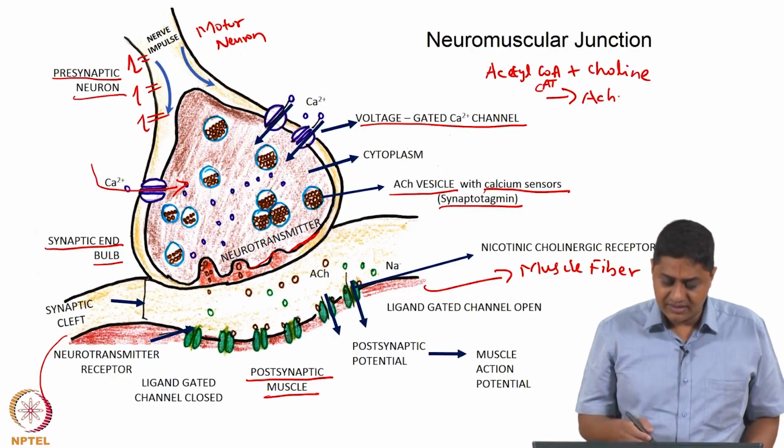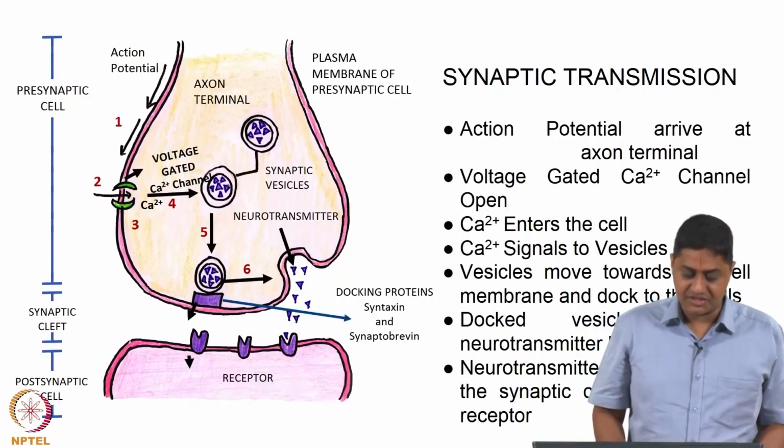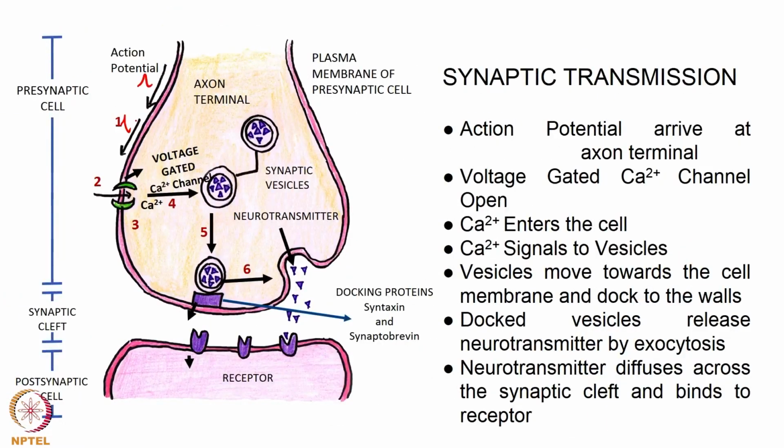Let us go to a different picture and look at that situation. Whenever an action potential is caused in the presynaptic neuron, and it travels to the synaptic end bulb, these calcium channels are opened and a lot of calcium enters inside. These synaptic vesicles contain a calcium sensor, the protein synaptotagmin, which senses the presence of calcium and begins a series of activities that lead to the fusing of the vesicle with the membrane.